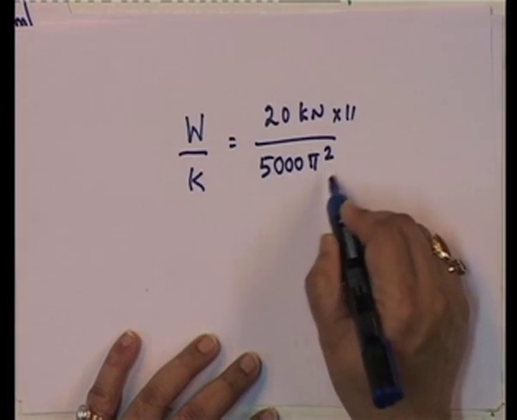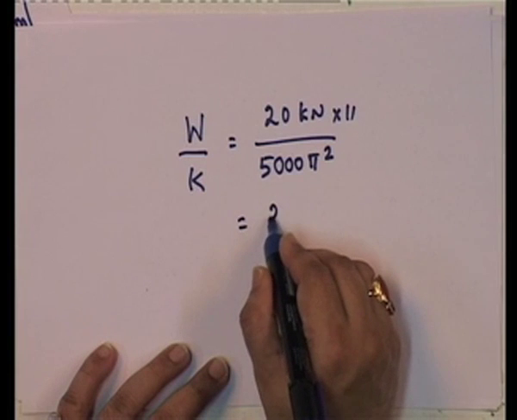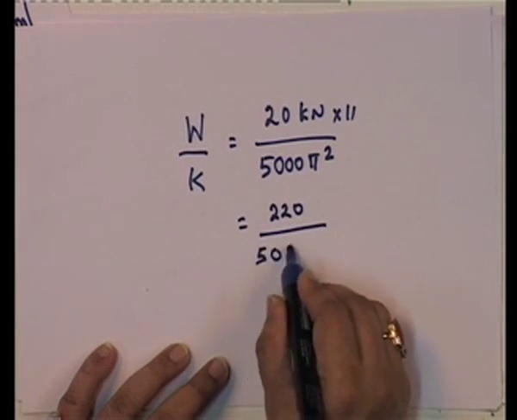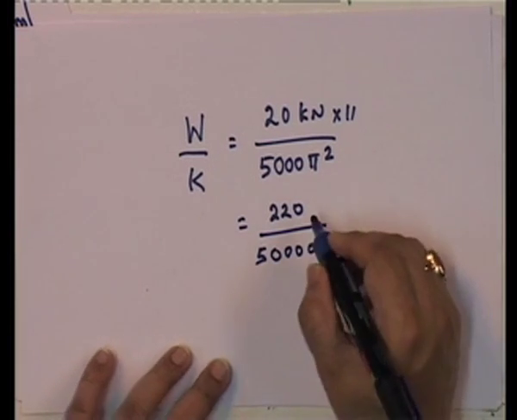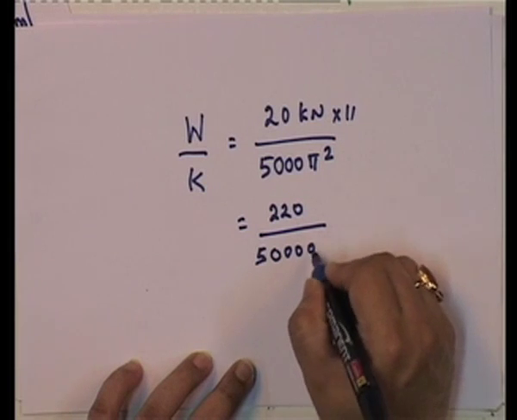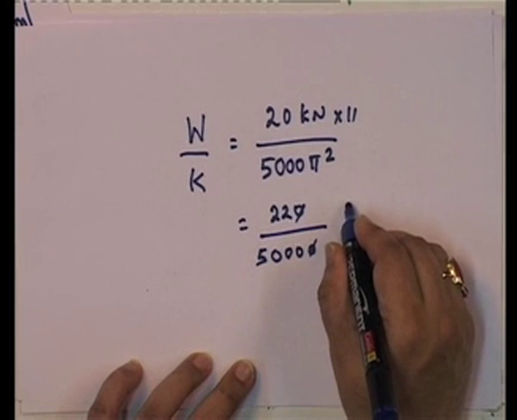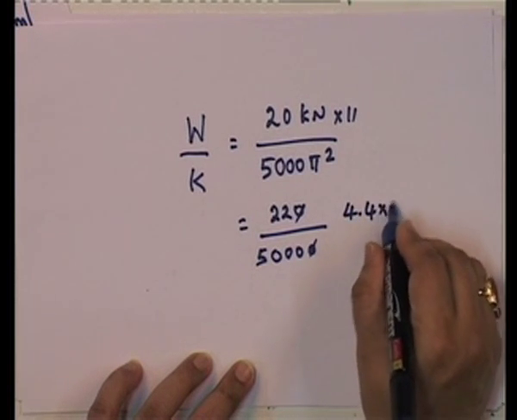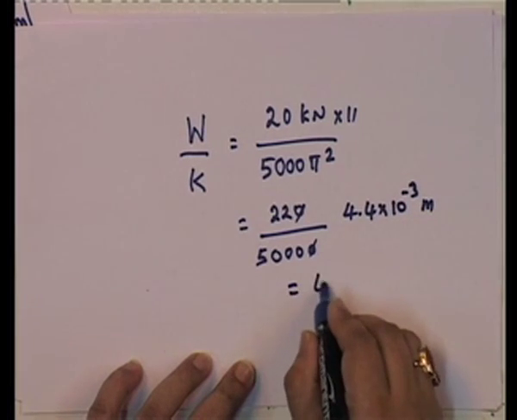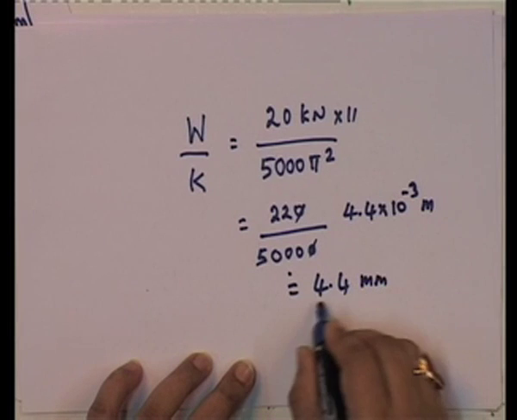Pi squared is approximately 10; I can take it as 10 for this particular purpose, and you can do a much better computation if you want. So this becomes 4.4 into 10 to the power of minus 3 meter, which essentially means approximately 4.4 millimeter.